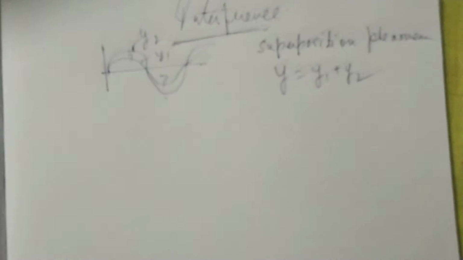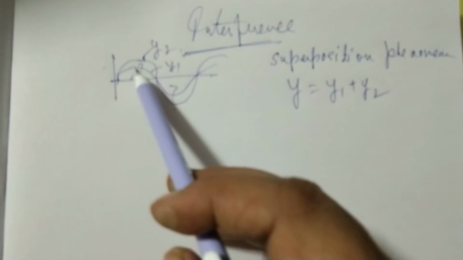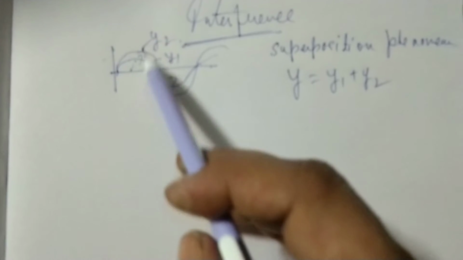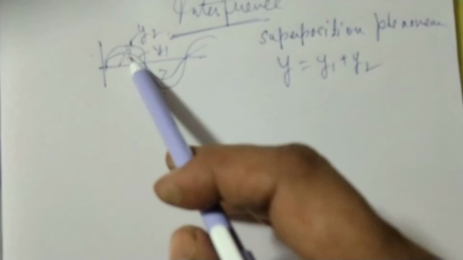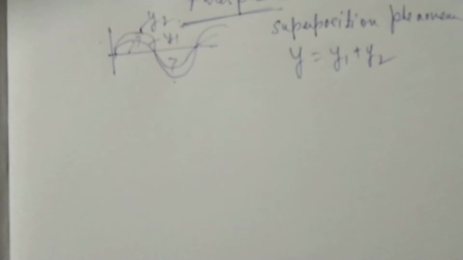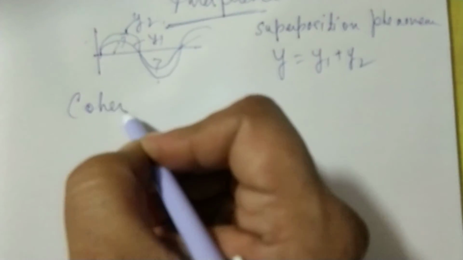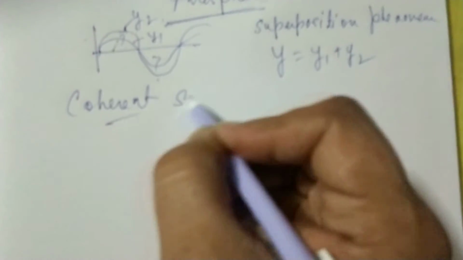When the waves are propagating in the same medium, a redistribution of energy takes place, due to the superposition of two coherent waves. I said the word coherent, two coherent sources.